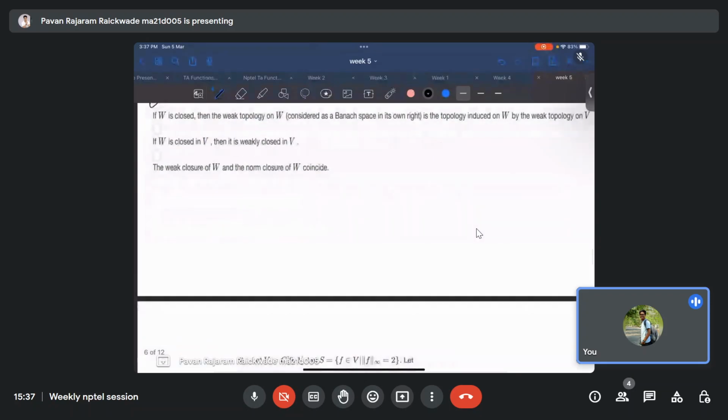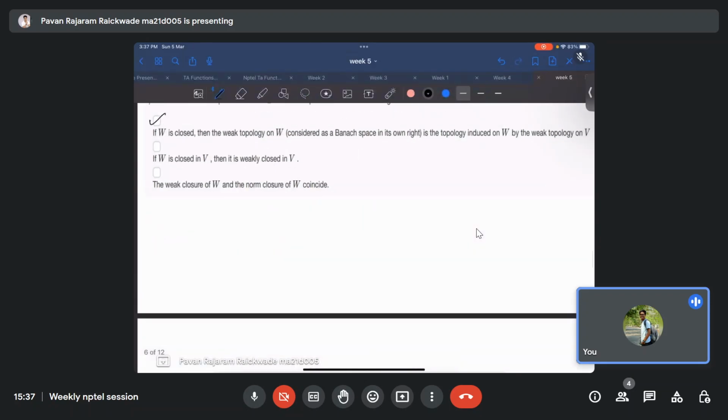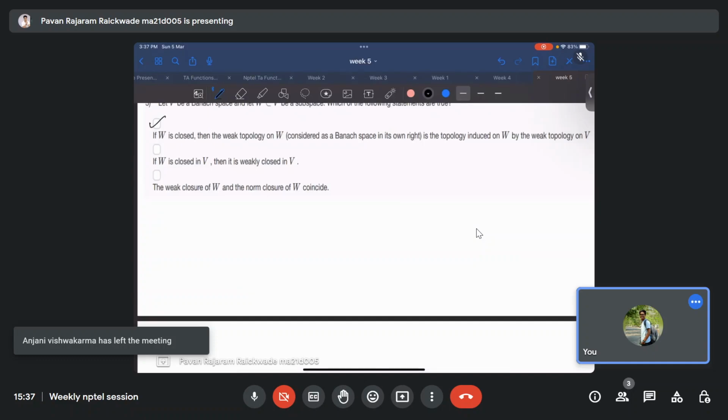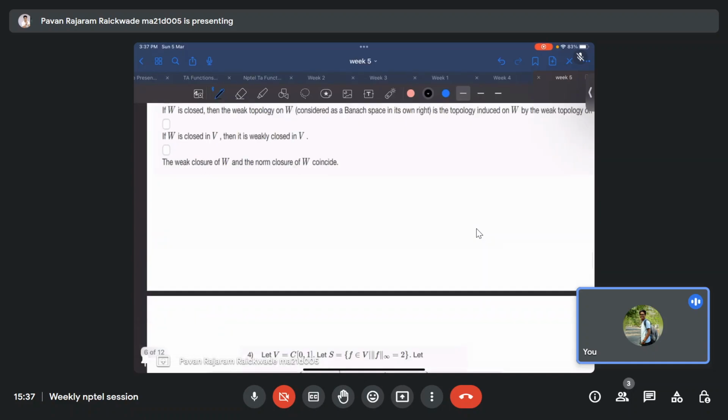Then part B: if W is closed, then it is weakly closed in V. W closed means norm closed, right? So there is one bigger result.